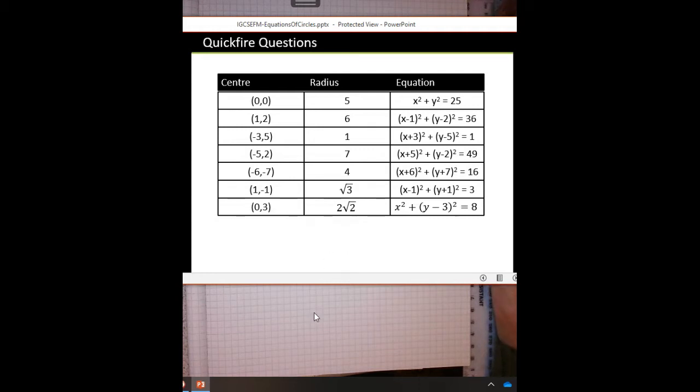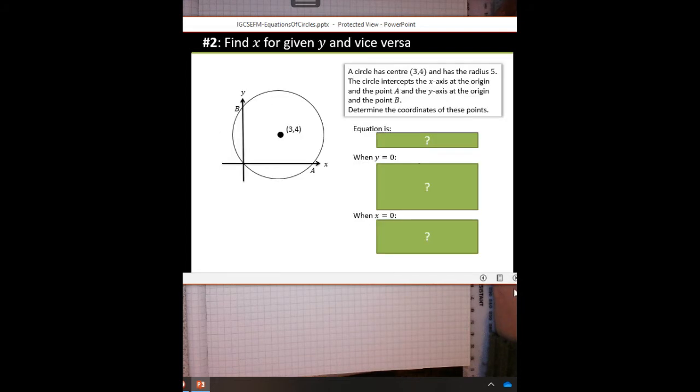Okay, so I know the centre, I know the radius, so straight away I can write down the equation of the circle. I want to know when y equals 0 to give me my x-intercepts. So I set y to 0 in my equation.